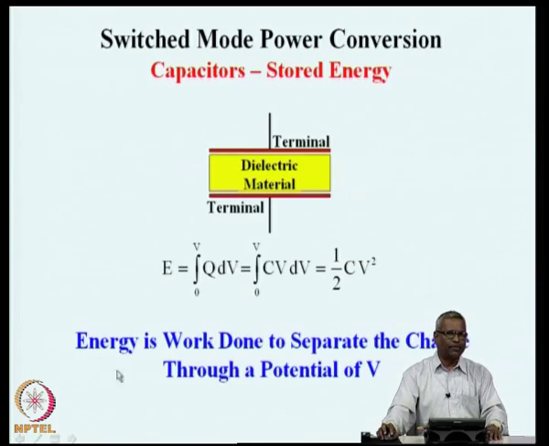Now, here we see the total energy that is stored. This can be very easily worked out as the work done in order to separate the charge through the potential.